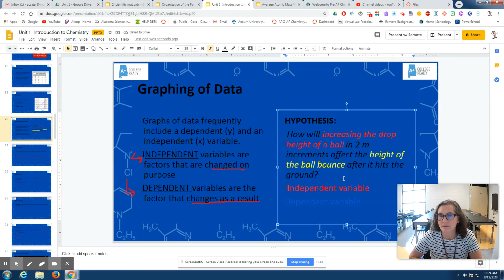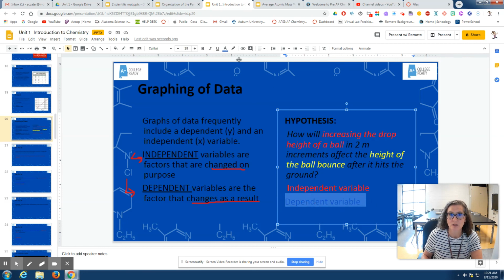All right, so our hypothesis: how will increasing the drop height of a ball in 2-meter increments affect the height of the bounce after it hits the ground? So we need to identify the dependent variable and the independent variable in that hypothesis.